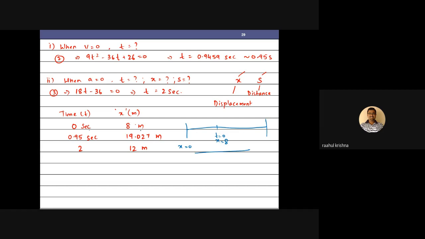Then the next case, t equal to 0.95 seconds and x equal to 19 meters. Then the time is again increasing, time does not reduce, right? And I'm finding that my displacement is reducing to 12 meters, x equal to 12.